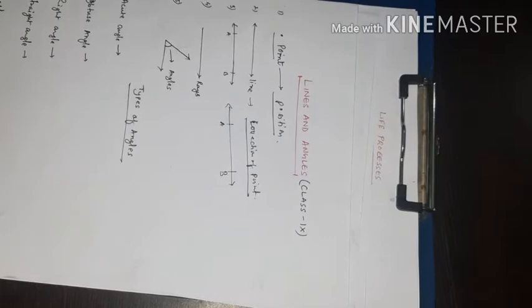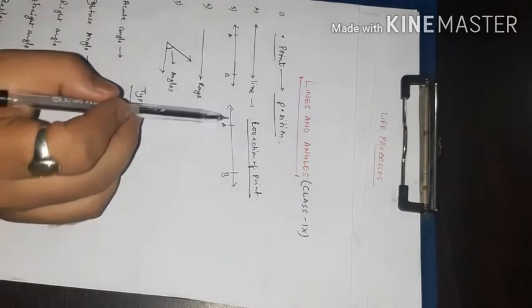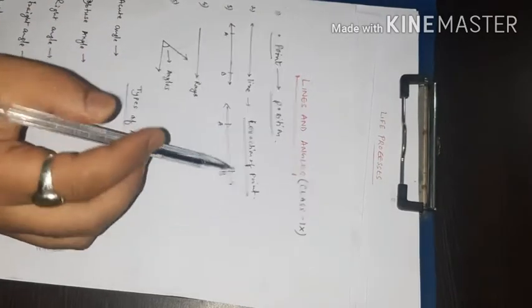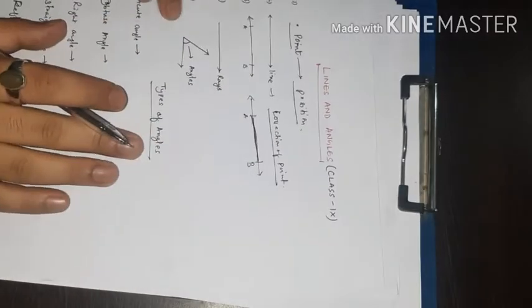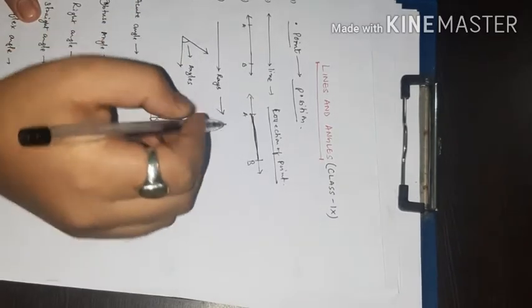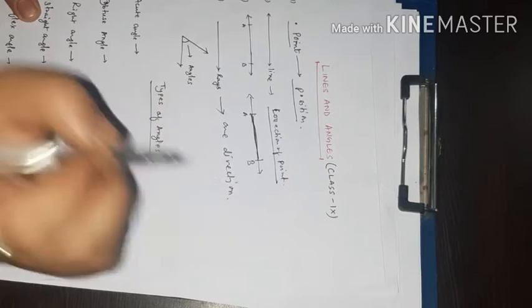So the first thing is point, the second thing is the collection of points, that is a line. And when in that part of the line we measure two points, this part A to B, this part is known as a line segment. When a line travels only in one direction, that is your ray.